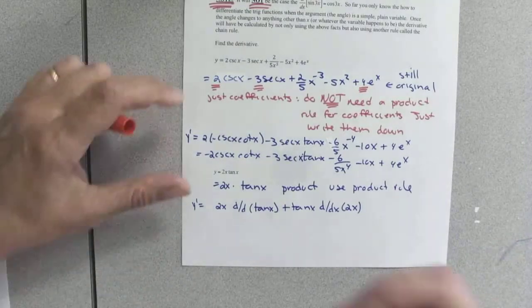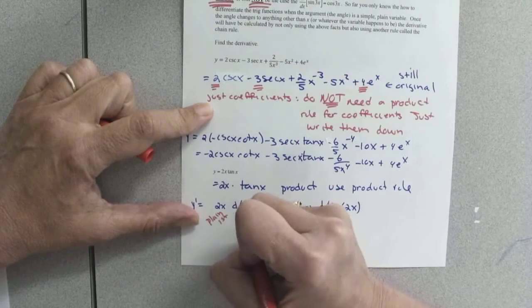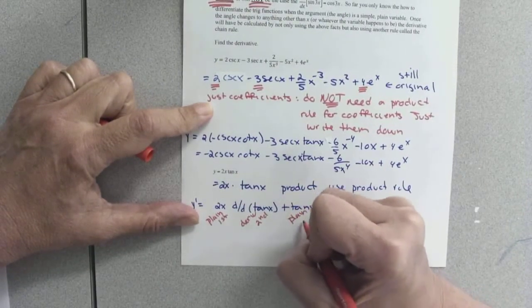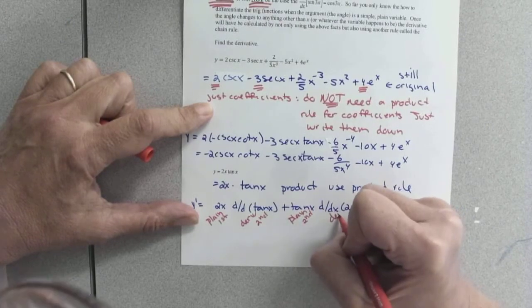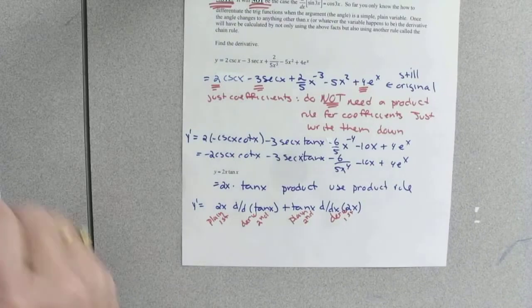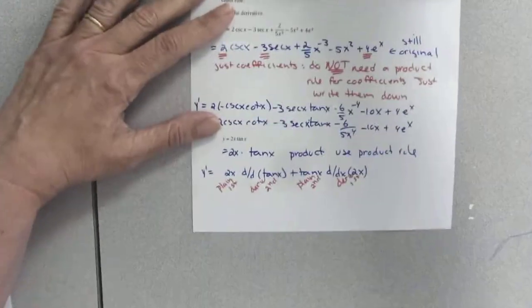Product rule. Play first, derivative second, play second, derivative first. You do not have to show that step. I will keep showing that step till I think people know the product rule.